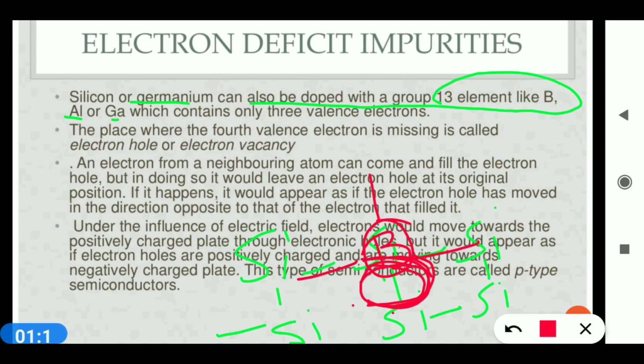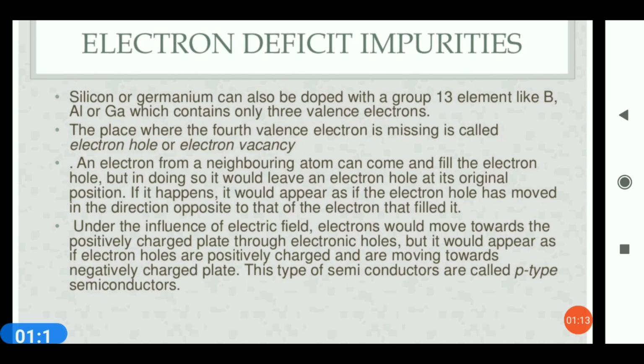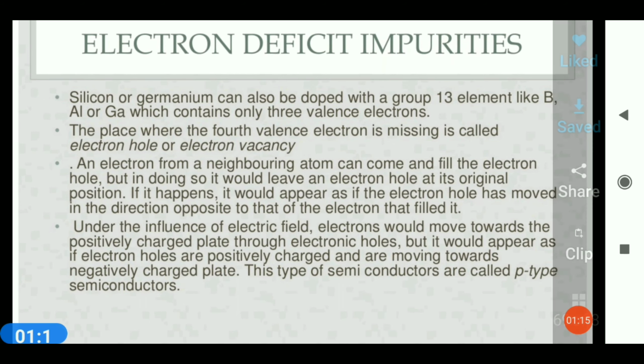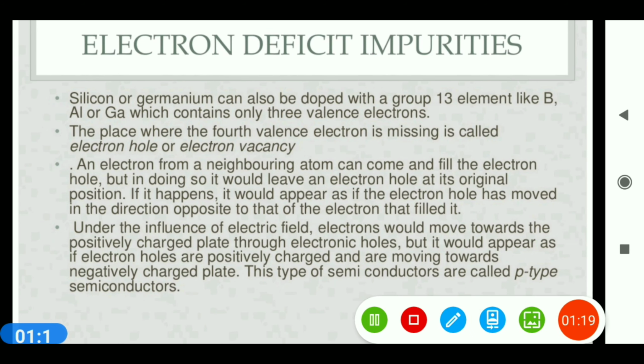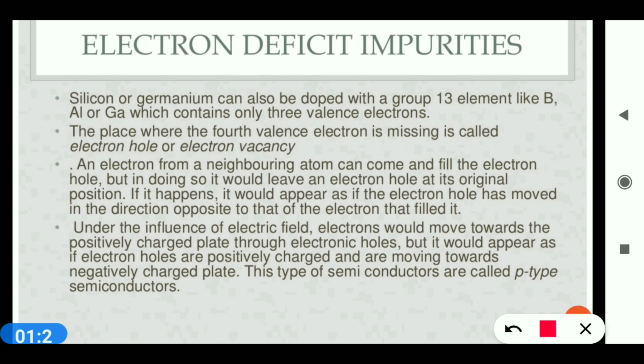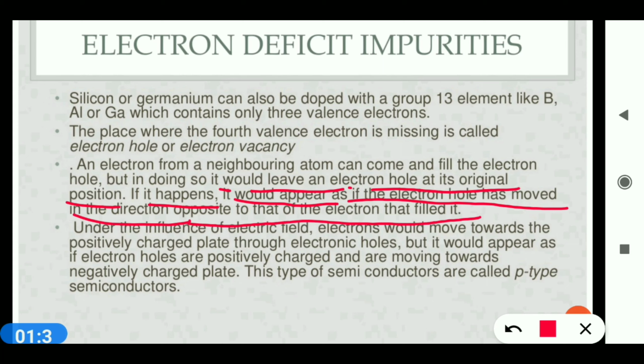So an electron from a neighboring atom can come and fill the electron hole, but in doing so, it would leave an electron hole at its original position. If this happens, it would appear as if the electron hole has moved in the direction opposite to that of the electron that filled it.